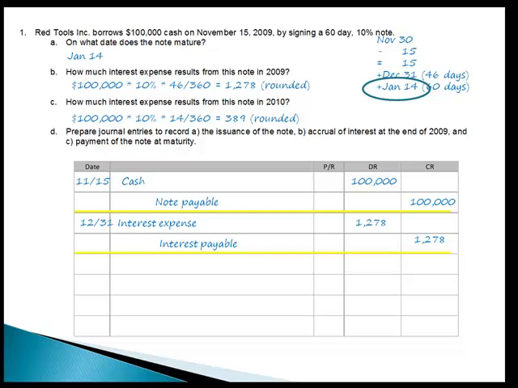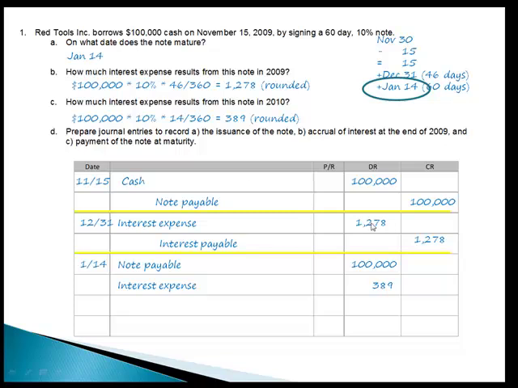All right, so now the hard part comes on the day that we actually pay up. So January 14th, first off you want to close a note payable. Okay, remember once you settle that liability, you want to close it up. Then you want to go ahead and record the interest expense, not for the whole thing, but just of the amount that was incurred in the new year.